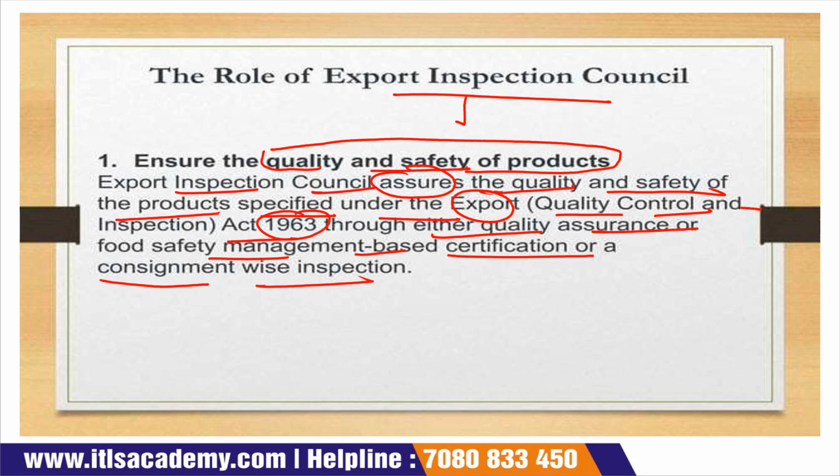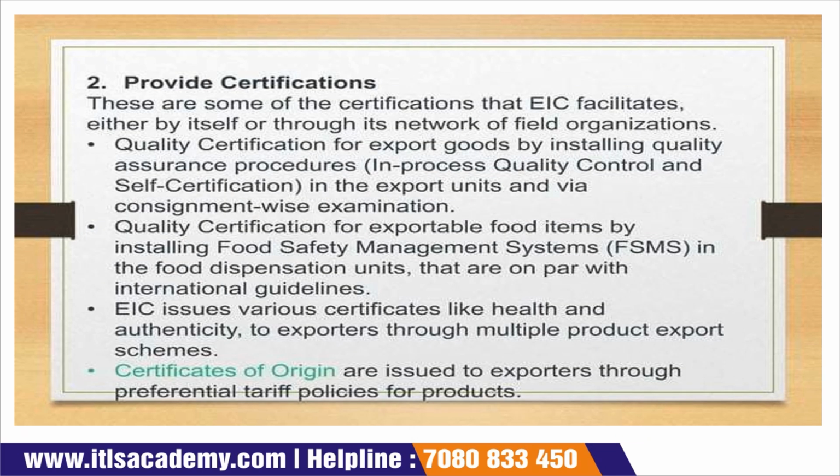Okay, now this is the first role, in which they have to ensure the quality and safety of the product. The next role is that they have to provide the certification. Okay, so there is certification that is facilitated either by itself or through its network of field organizations.